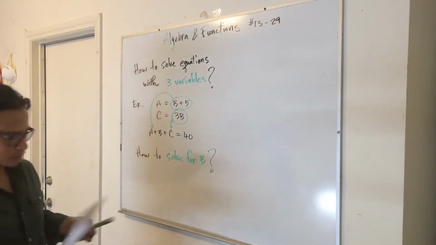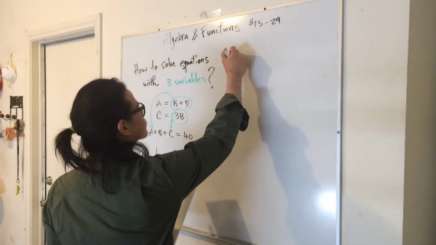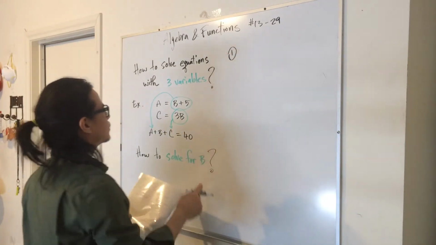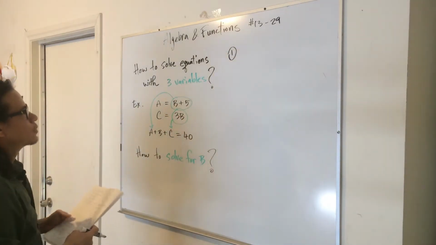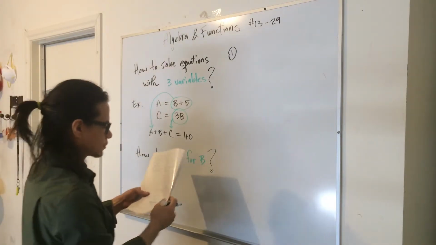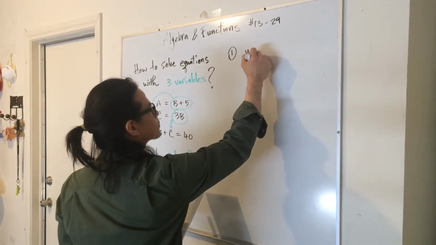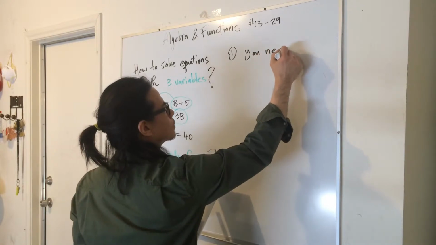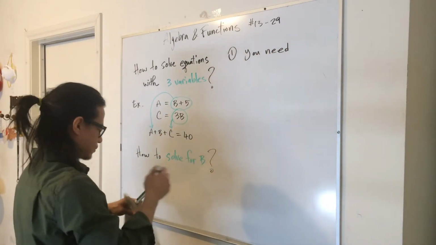Okay, so as a review, this is what we're going to do. In order to solve for an equation that has 3 variables, you need 3 equations.